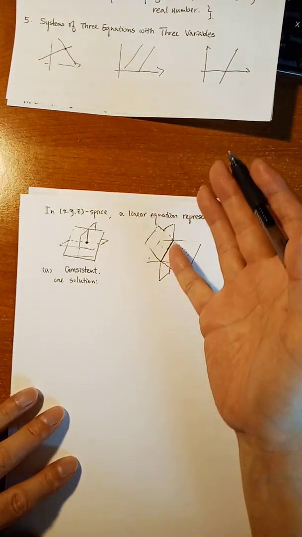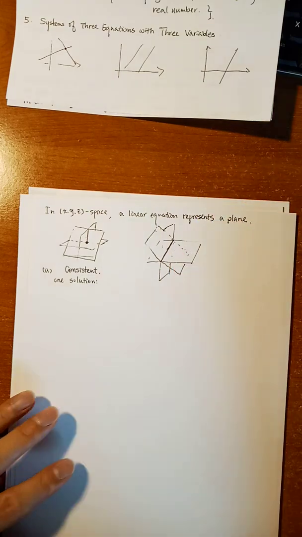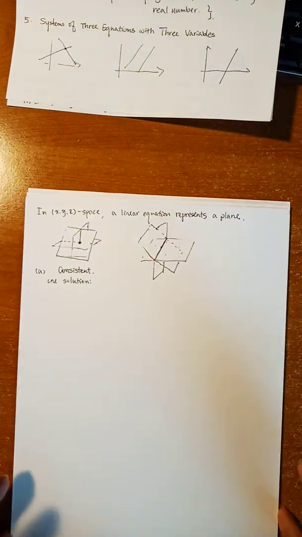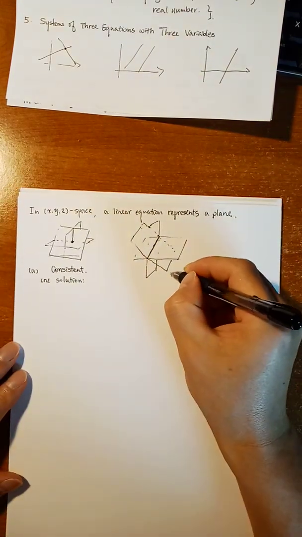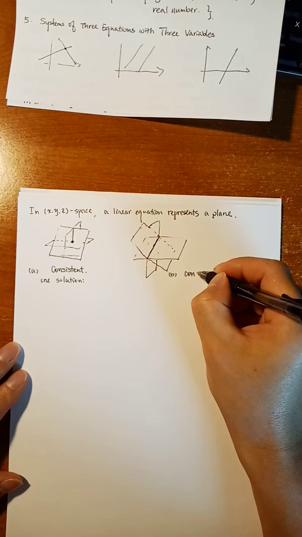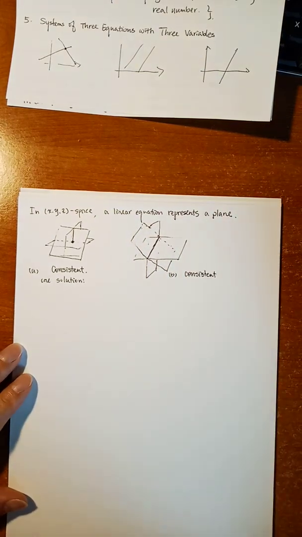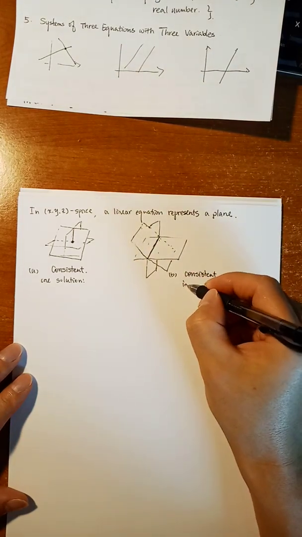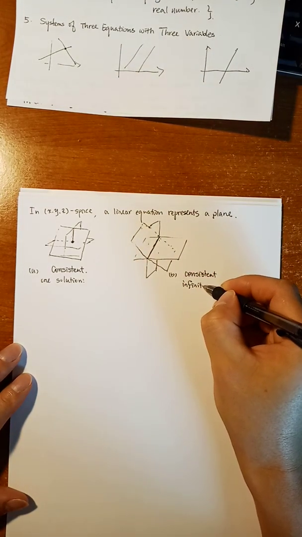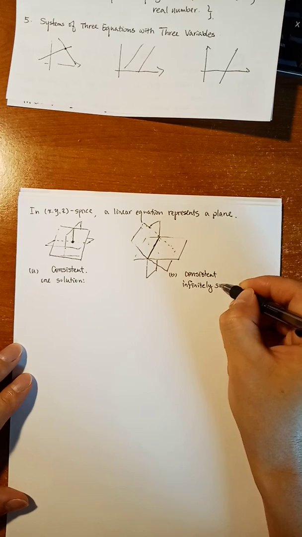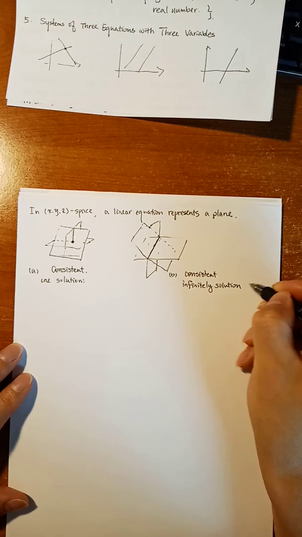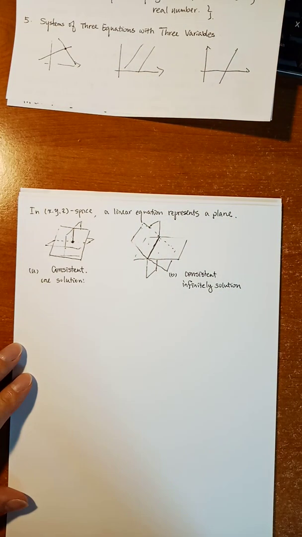So every point from this common line will provide a solution. So this is consistent. The system of equations has a solution, but there are infinitely many solutions.